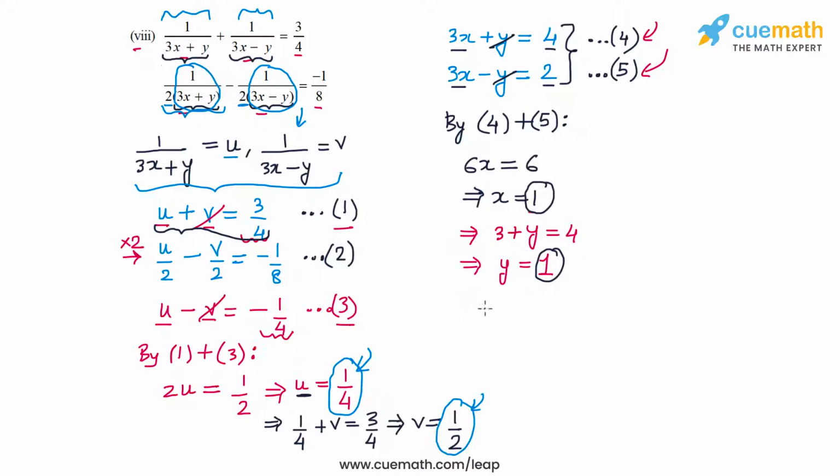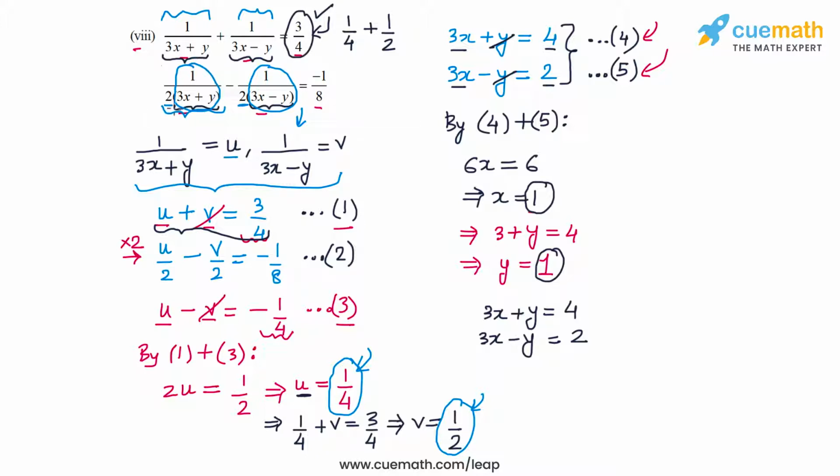For these values of x and y, 3x plus y will be equal to 3 plus 1 or 4, and 3x minus y will be equal to 3 minus 1 or 2. If you check the original equations, we have 1 by 3x plus y, so that's 1 by 4, and 1 by 3x minus y, that's 1 by 2, and 1 by 4 plus 1 by 2 is 3 by 4. So the first equation checks out.